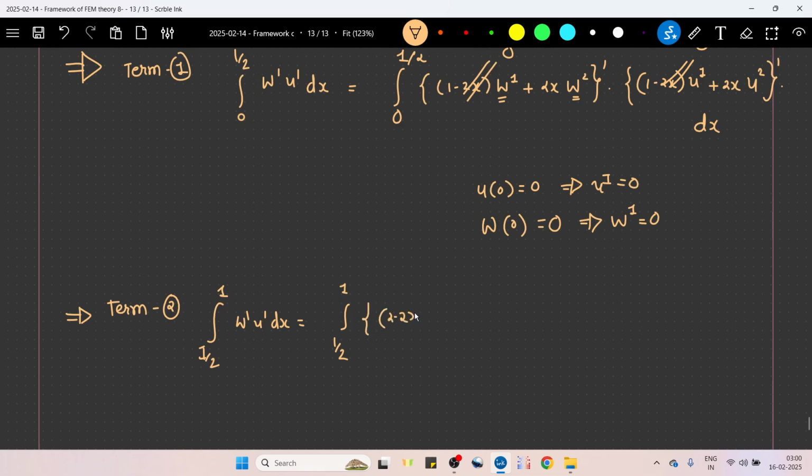So 2 minus 2x times u2 plus 2x minus 1 times u3, this dash, into 2 minus 2x times w2 plus 2x minus 1 times w3, dx.